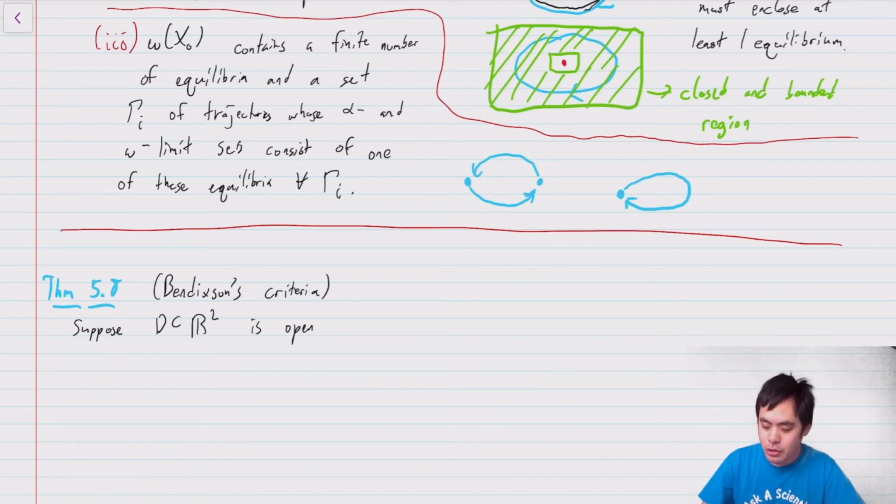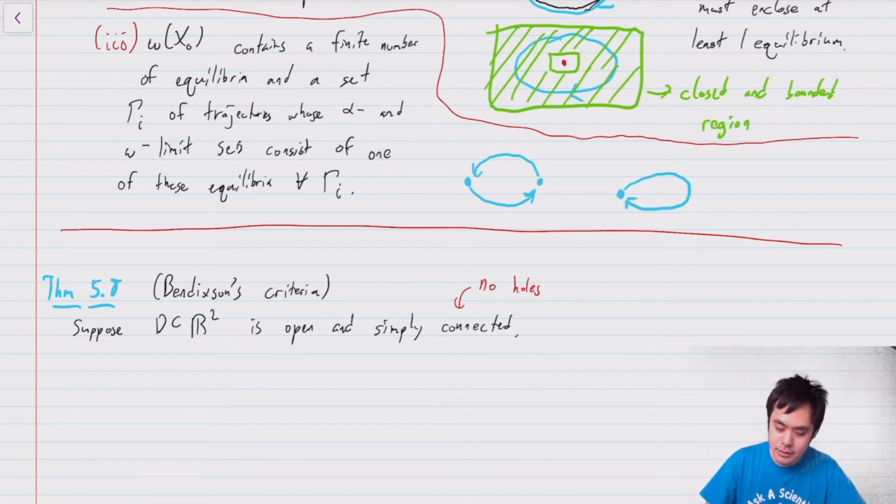Here we have an open and simply connected set. Simply connected is a technical term from topology. It just means, intuitively, that there are no holes in the set. So this is open and simply connected.